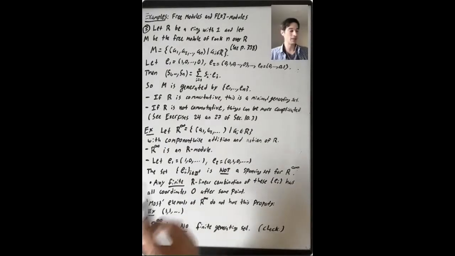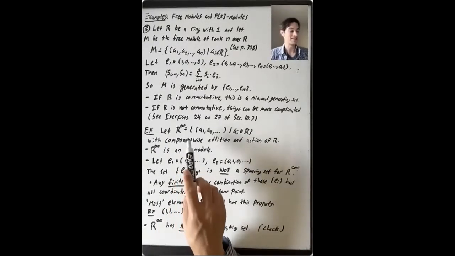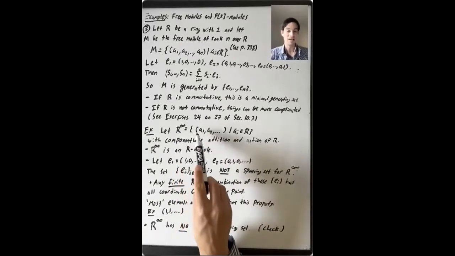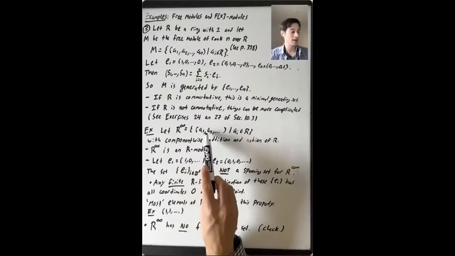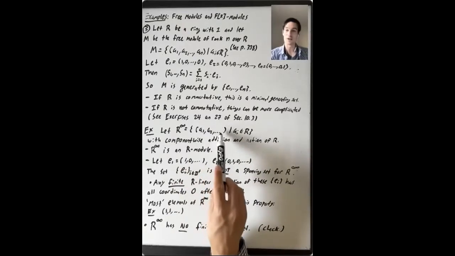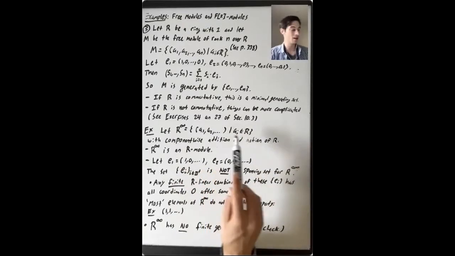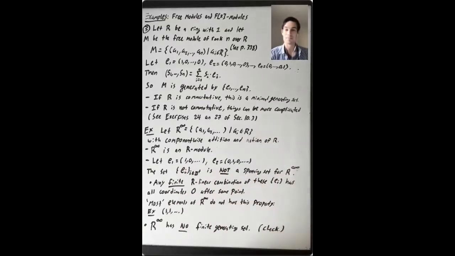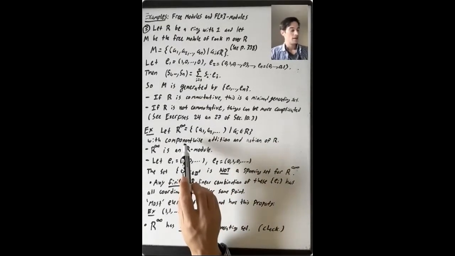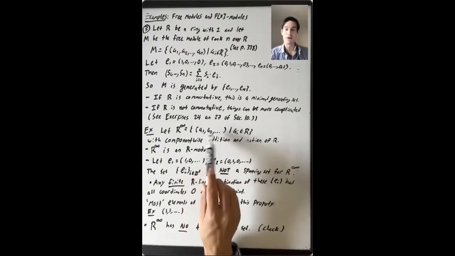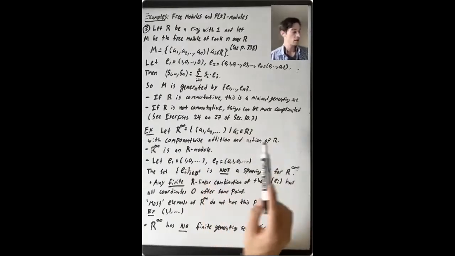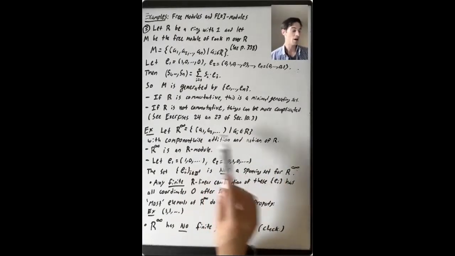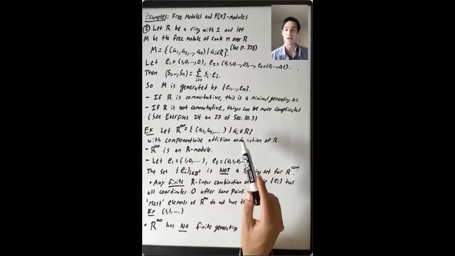Now I want to give a related example from Conrad's notes. Let's take R^infinity to be the collection of all infinite length vectors (a1, a2, a3, and so on), one component for each positive integer, where each ai is in our ring. You can give this component-wise addition, and you can define an action of R by having the ring R act on each component individually.